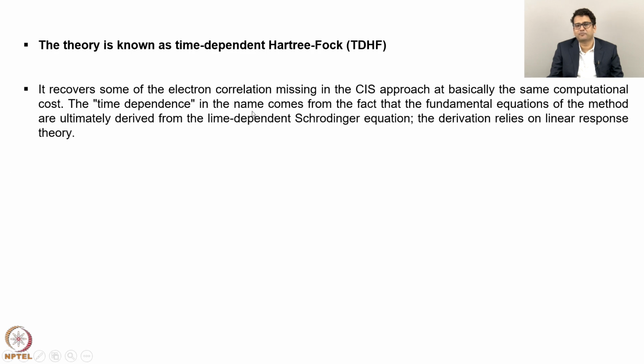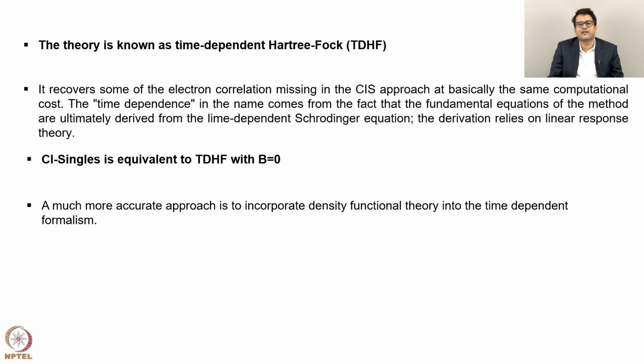There is a typo here. The derivation relies on linear response theory. I will not go into the details of the linear response derivation. It is too much theory. If you are interested, there is nice literature available. If you set this B matrix to 0 in the previous slide, that leads to CIS.